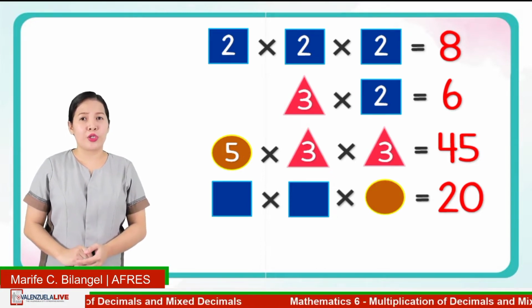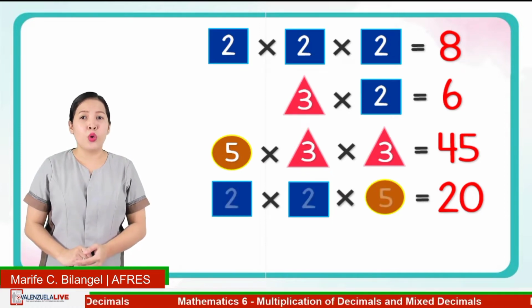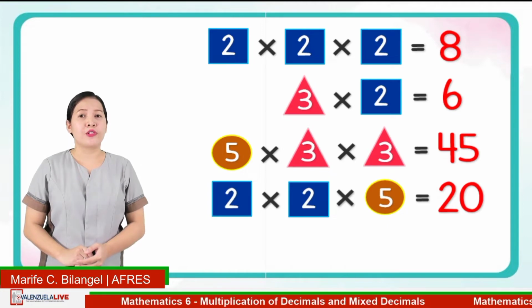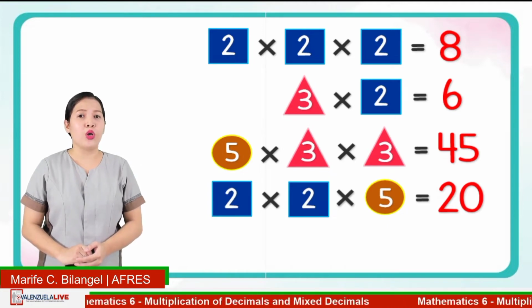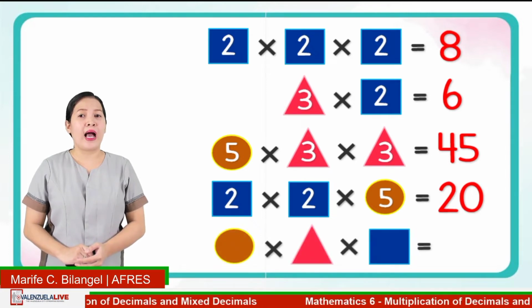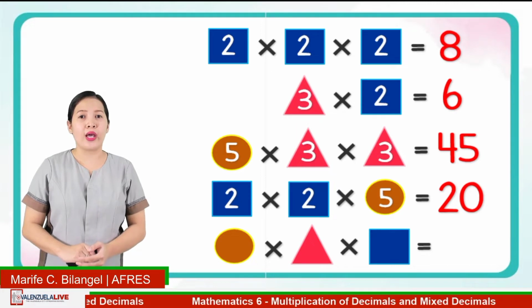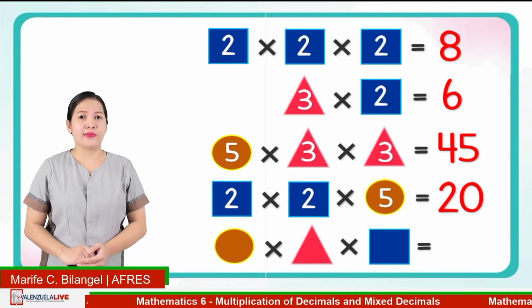So the factors are 2 times 2 times 5, which is equal to 20. Then, if we have a circle, a triangle, and a square, what is the product?